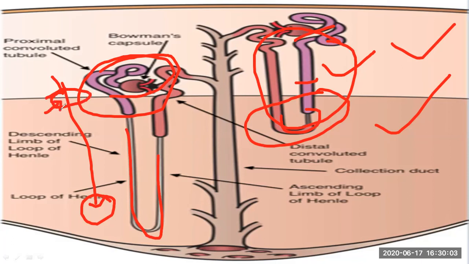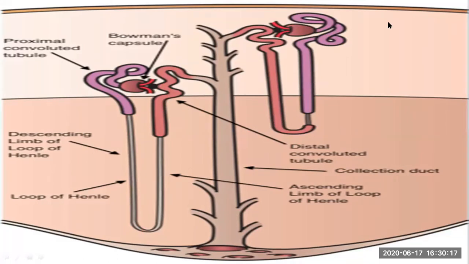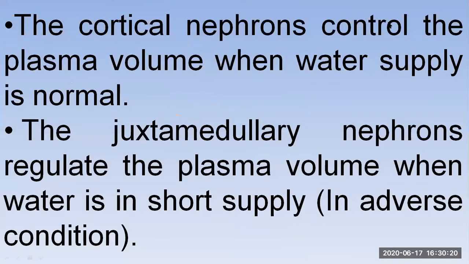This is the junction, and these are generally located near the junction. Their Bowman capsules are located at the junction, so that's why it has been given the name juxtamedullary nephron. Okay, so with the help of the figure, I think everyone can easily understand the exact position of the juxtamedullary as well as cortical nephron.